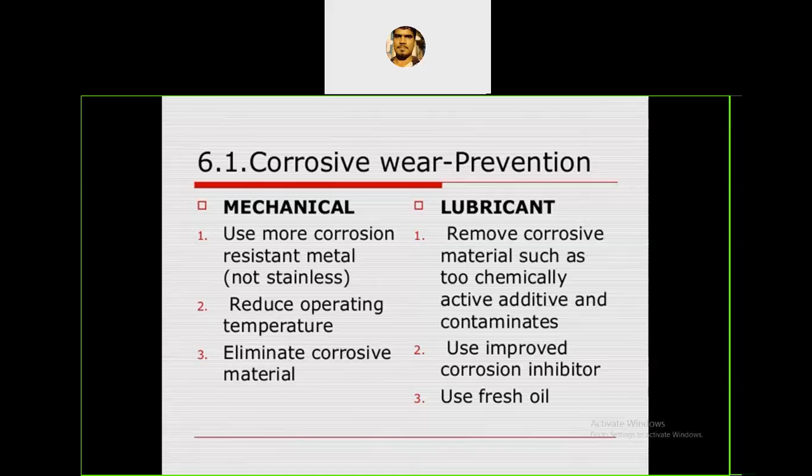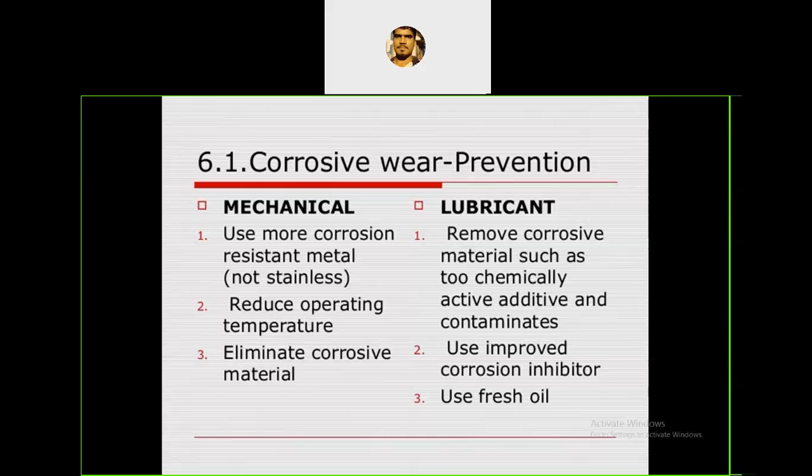That is the mechanical way. And for the lubricant, remove corrosive materials such as chemically active additives or contaminants. In the lubricant, if there are any chemically active additives, you have to remove those, and try to avoid any other contaminants which cause corrosion. And use improved corrosion inhibitors, meaning some other substance used along with the lubricant that will avoid the formation of corrosion.